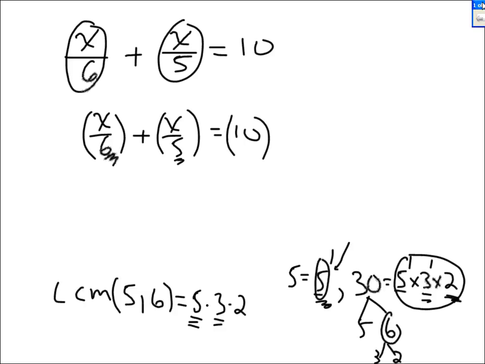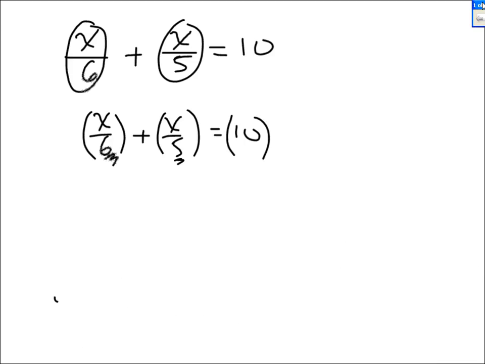The largest power of 2 I see is 1. I won't write the 1. And when you multiply those three numbers, you get 30. So the LCM is 30. Or you write down the 5 times table, you write down the 6 times table, and you look for a common number.